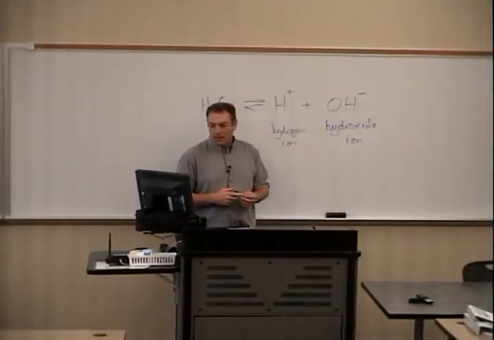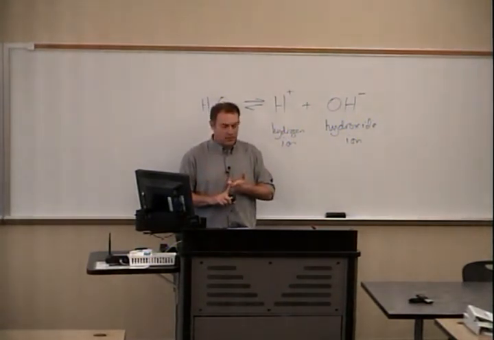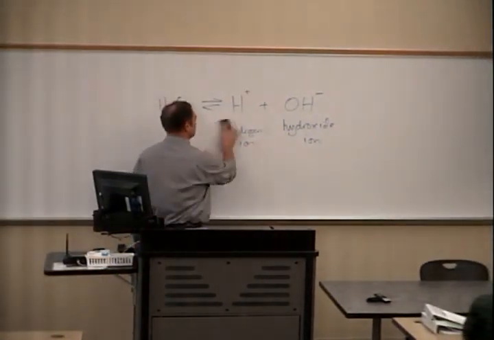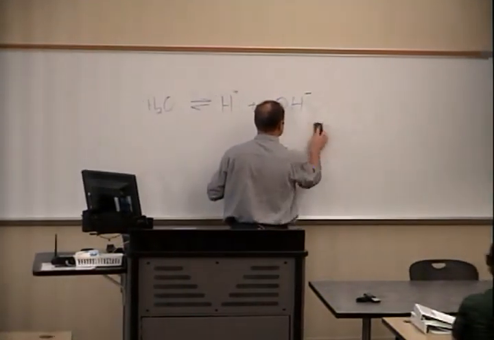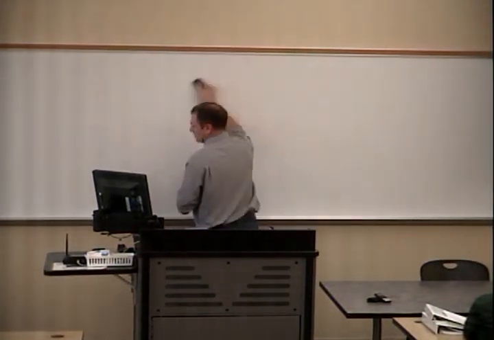So, at 25 degrees Celsius, in any aqueous solution, the concentration of hydrogen ions plus the concentration of hydroxide ions equals 10 to the negative 14.